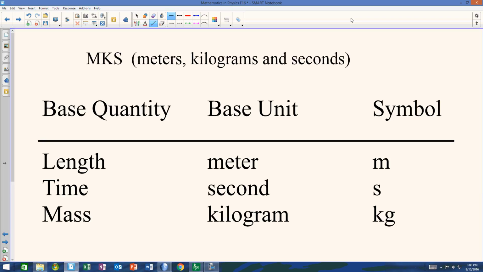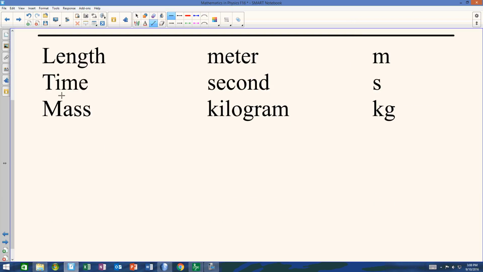But just to be safe, if you've never taken a physics class before, make sure everything's in meters, kilograms, and seconds. So what if in a problem you're given kilometers per hour? What should you do? Yes, you should convert it to meters per second. Okay, so meters, kilograms, seconds. And every unit I give you, I will give you in MKS, or derived units in MKS.